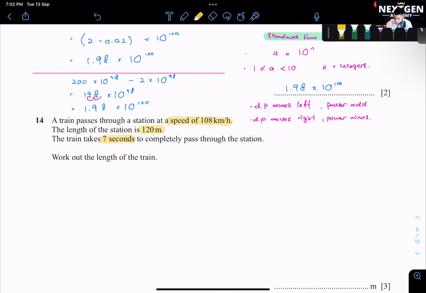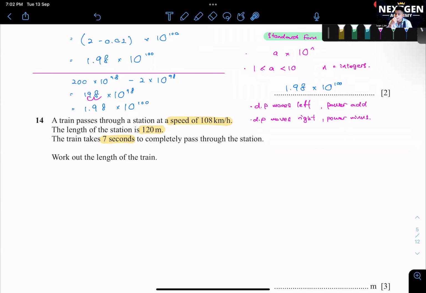Number one, for this type of question, you need to take note of the units. So you see, over here, they got 108 kilometer per hour, this one 120 meter, this one seconds. What's the first thing we need to find first?